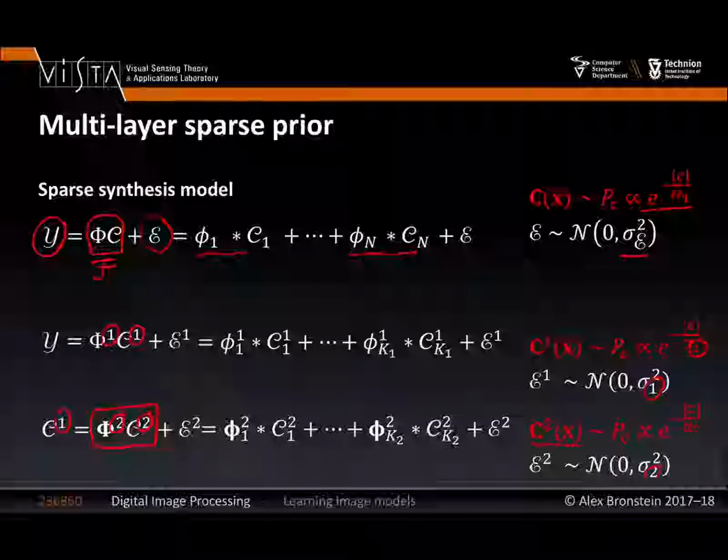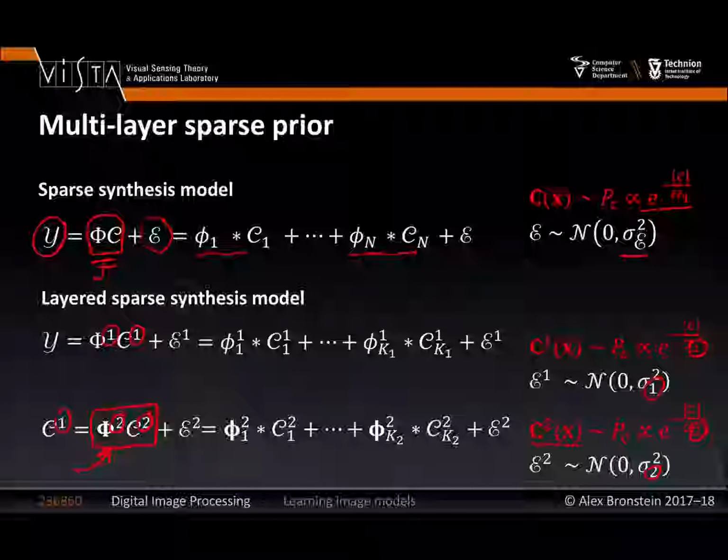There is some noise, maybe of a different variance, that is modeled, and of course there might be a different scale here as well. The only thing is that y was a scalar function and C1 is now a vector valued function, right? So this dictionary has to be a dictionary of vector valued atoms, of vector valued functions. Okay?